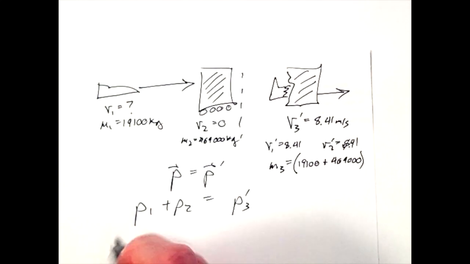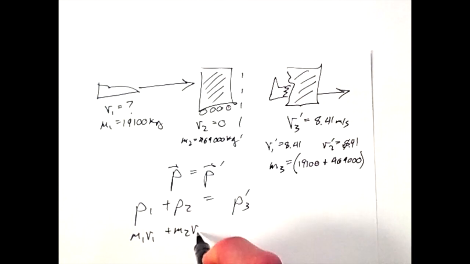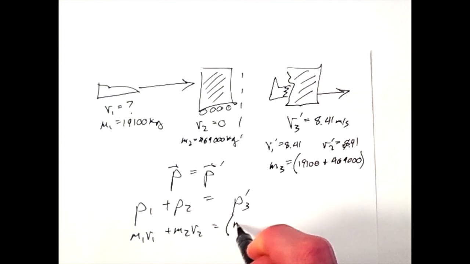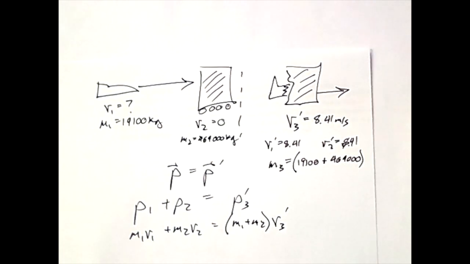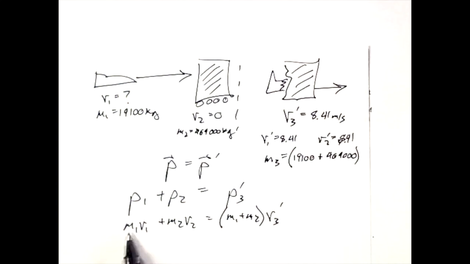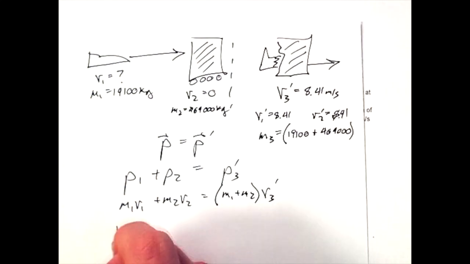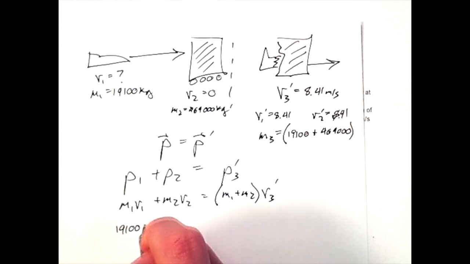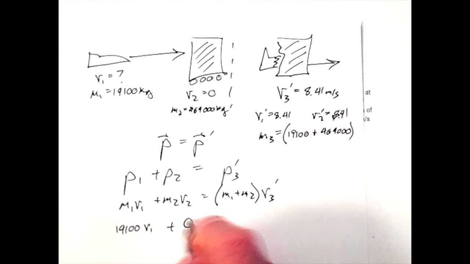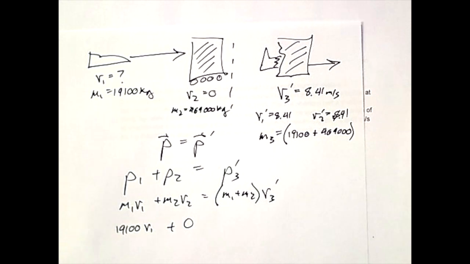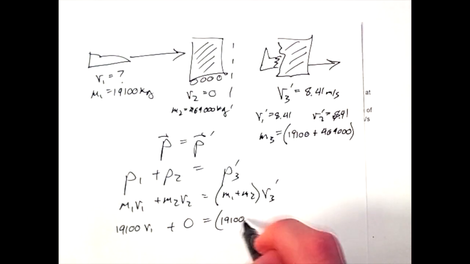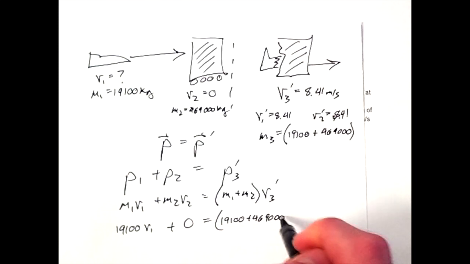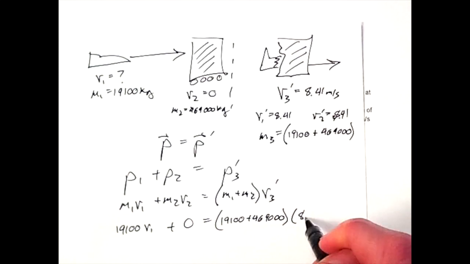Okay, so then what I did here is I said M1V1 plus M2V2 is equal to the sum of M1 plus M2 times V3 prime. I like to do all of this work right in my math. So this is the 19,100 times V1 plus 0, because the wall's not moving, equal to this sum up here, whatever that is, 19,100 plus 469,000 times 8.41.